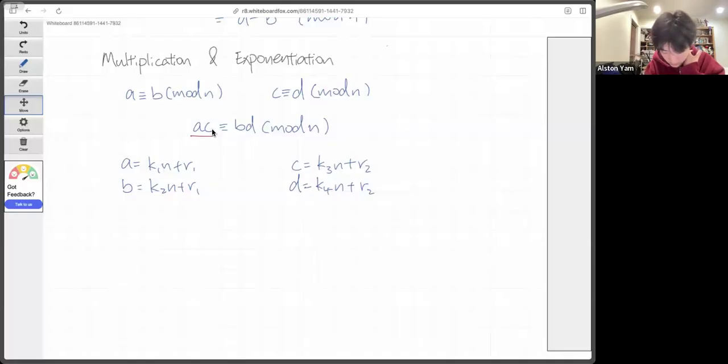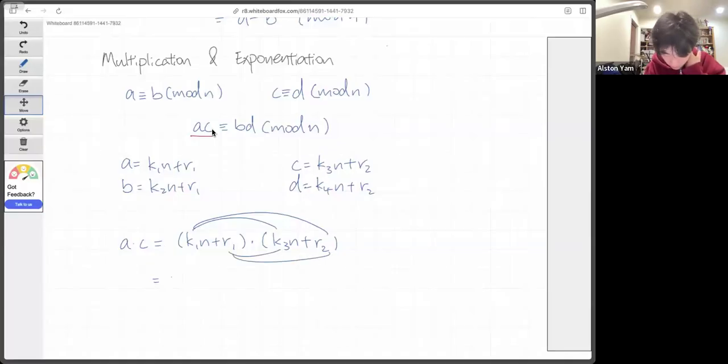So A times C is equal to K1n plus R1, multiplied by K3n plus R2. Okay, that's cool. And let's try and expand our brackets. To expand, we do this times this, and so on.